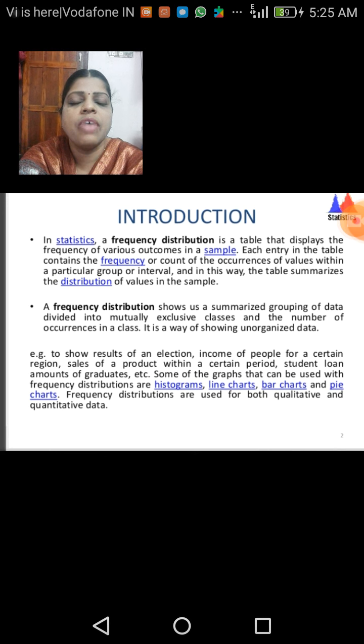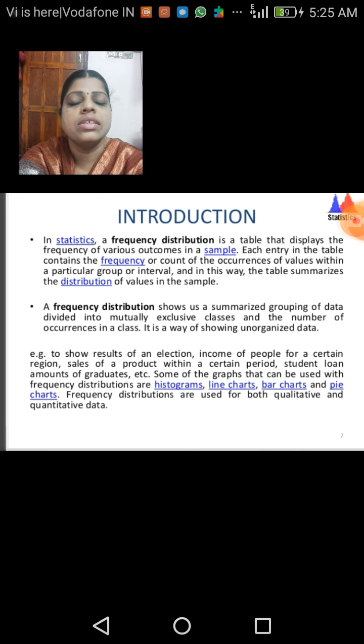A frequency distribution shows us a summarized grouping of the data divided into mutually exclusive classes and the number of occurrences in a class. It's a way of showing unorganized data.